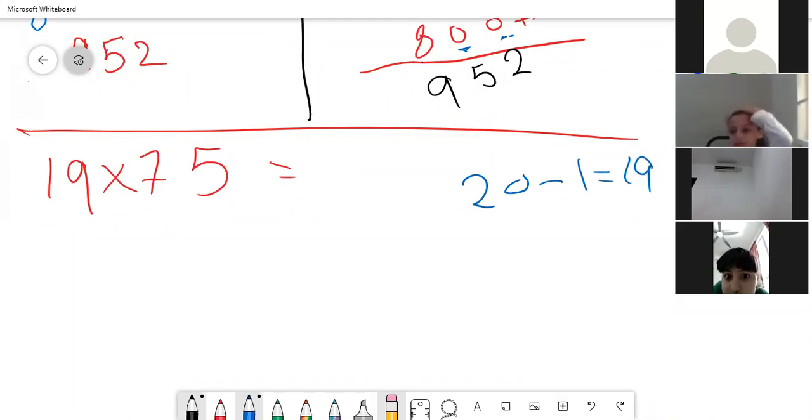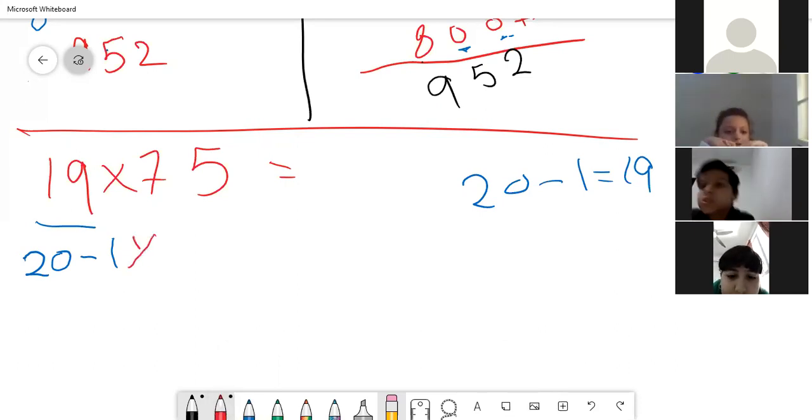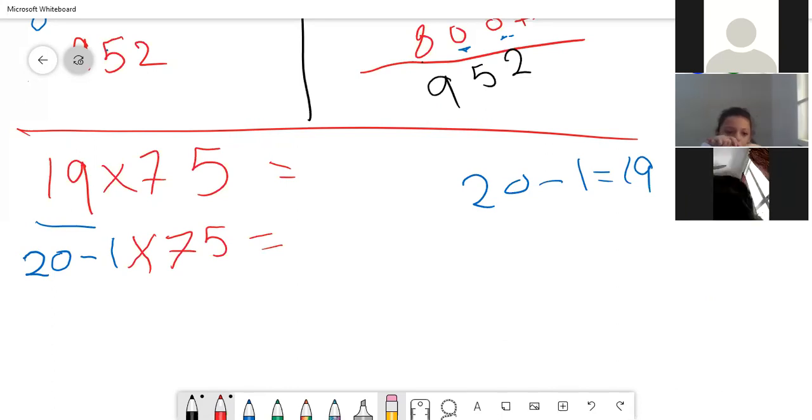So instead of 19 here, I will put 20 minus 1. This is the same as 19, right? And then we have multiplying by 75. Okay? This will be equal to what?